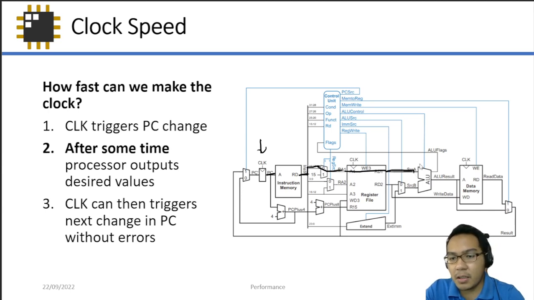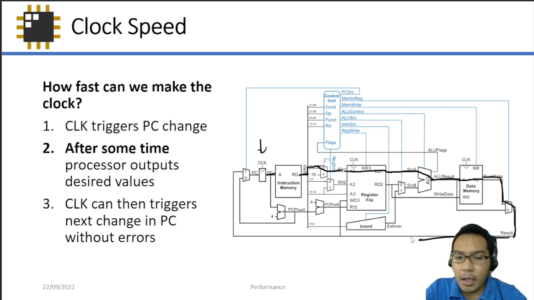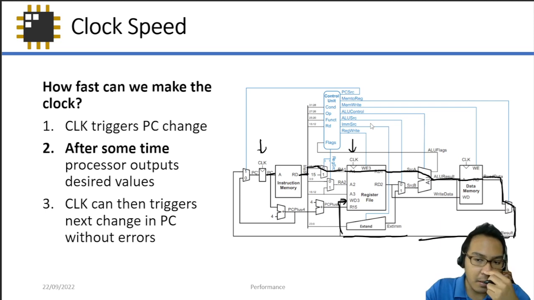For example, this one, which is the RN register, goes through the register file, goes into the ALU, optionally goes to the ALU result, and then into read data, and then it goes all the way into, say, the register file. So it has a definite start and end for a specific path that a specific instruction takes.